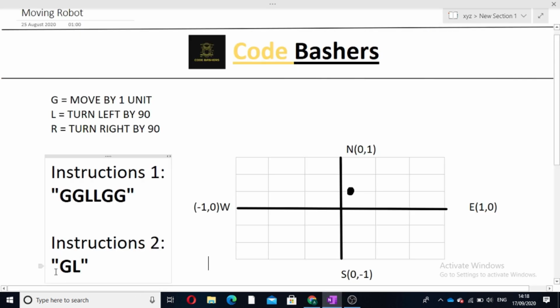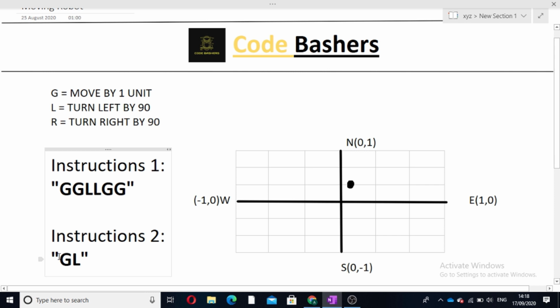Now in the second case, after completing the instructions, our robot has moved one step in the north direction and was facing west. It means if we keep on repeating this set of instructions, then there will come a point when the robot will come back to the origin, because it is still not facing north.